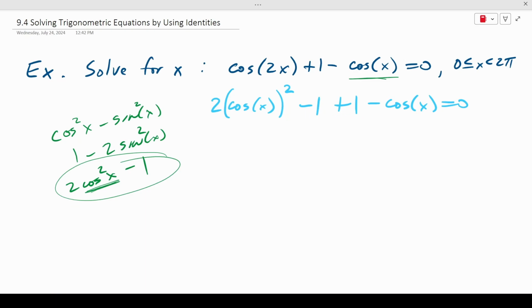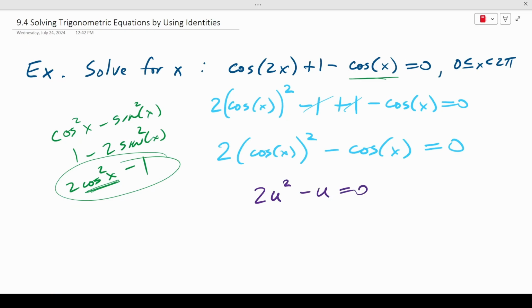We have minus 1 plus 1, so those so-called cancel. We have 2 cosine x squared minus cosine x equals 0. All right, this is not a difficult situation. If you prefer, you can quickly let u be cosine x and see how we solve this.